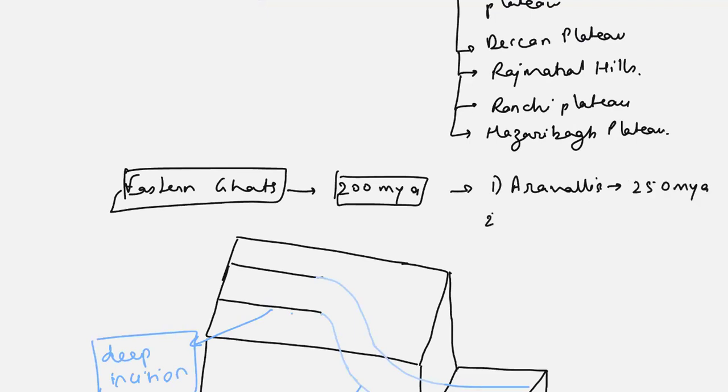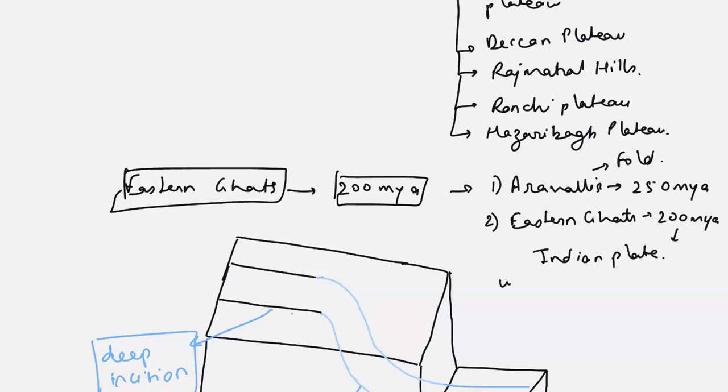Then the second one was the Eastern Ghats, almost around 200 million years ago, when the Indian plate was getting rifted from Gondwana land.